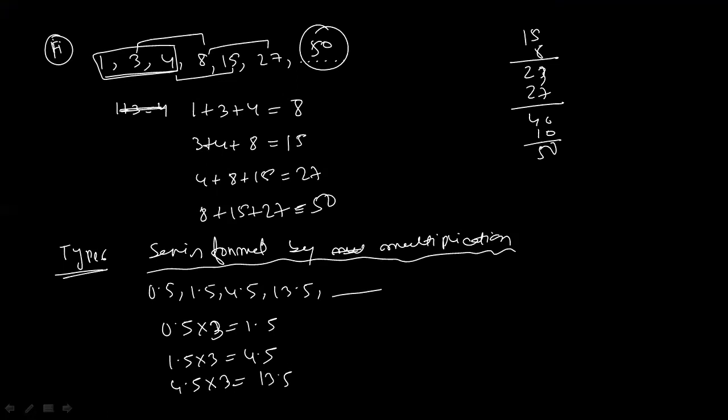Yes or no? Now if you multiply 13.5 with 3, how much will it be? It will be 40.5. So your answer will be 40.5. This is type 6.